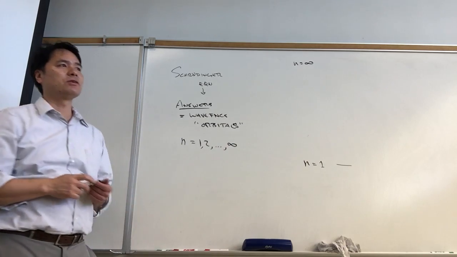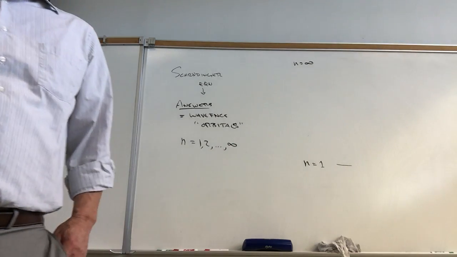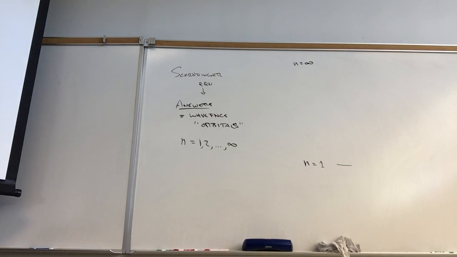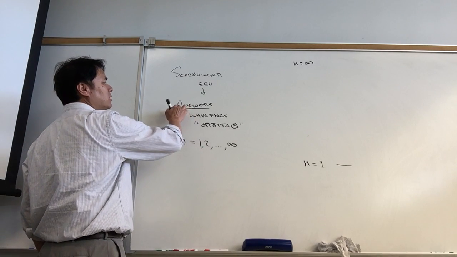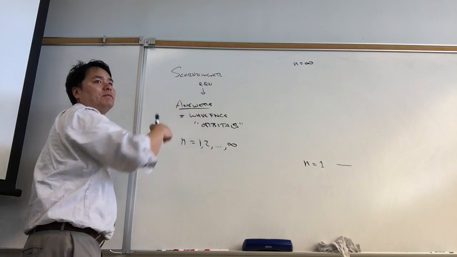It has to be an integer value. If it's not an integer, it doesn't solve the Schrodinger equation. So for example, 1.1 wouldn't work. Since 1.1 doesn't work, it's not an answer, and therefore it's a forbidden state.